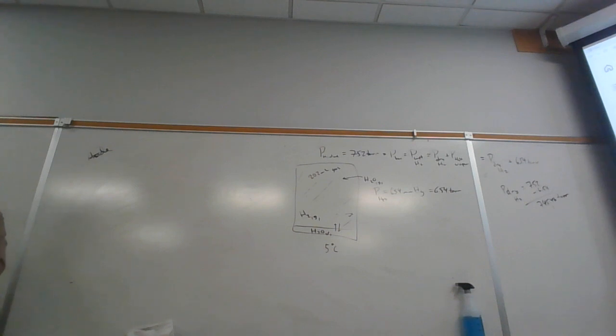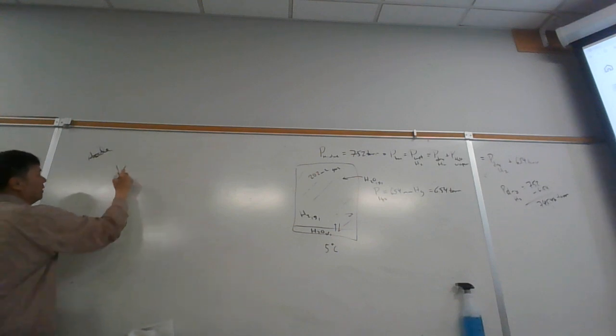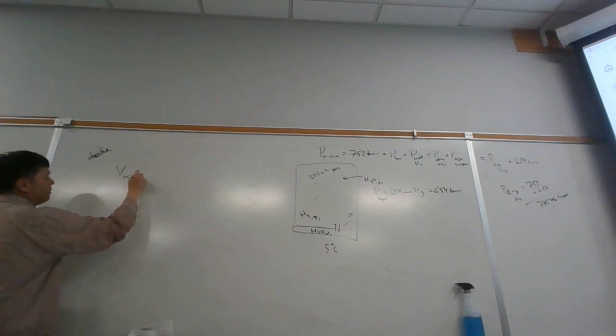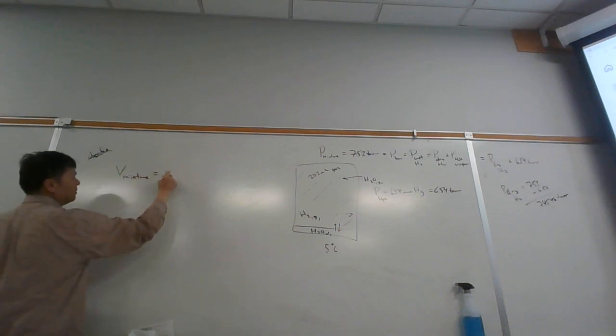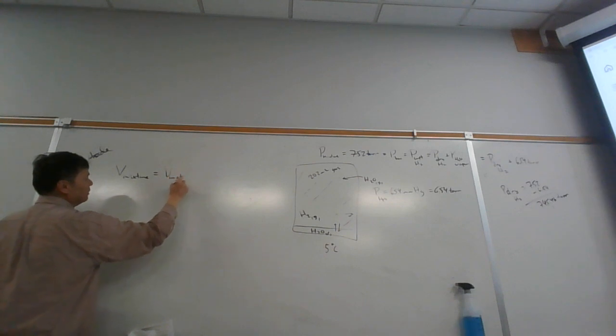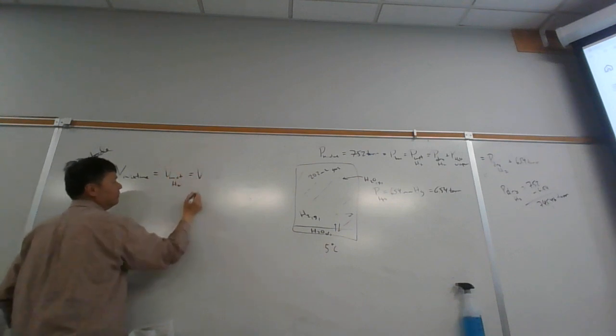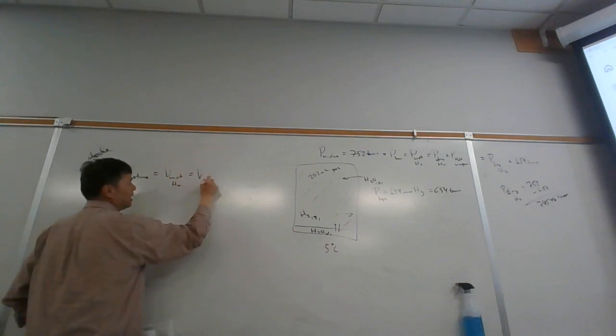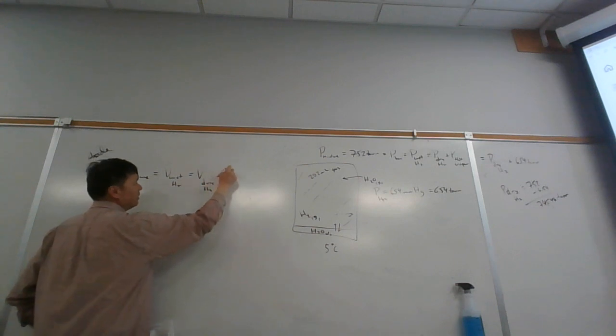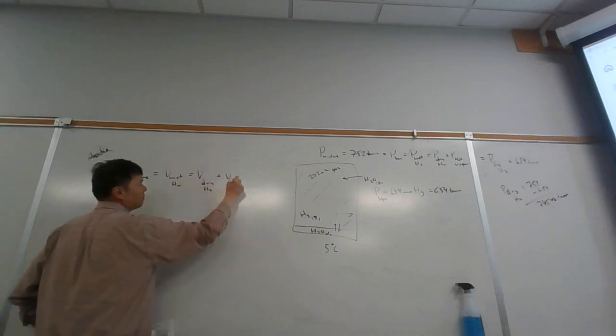All right, how would you figure it out? The volume of the mixture equals the volume of the H2 plus the volume of the H2O. We'll just say the mixture, or the wet hydrogen. The volume of the mixture is equal to the volume of the wet hydrogen, which is going to equal the volume of dry hydrogen plus the volume of the water vapor.